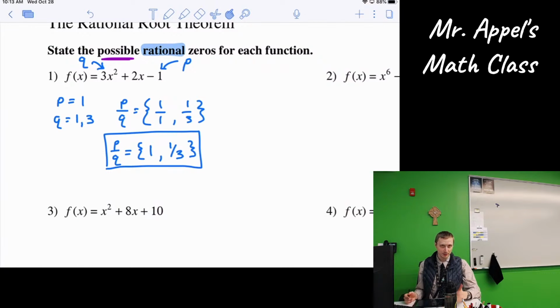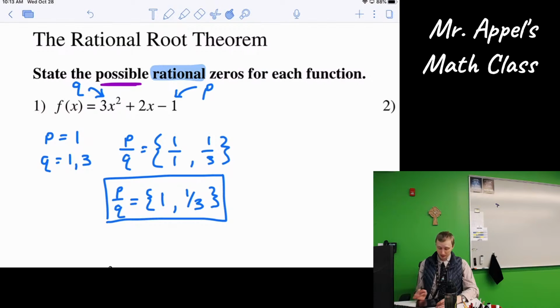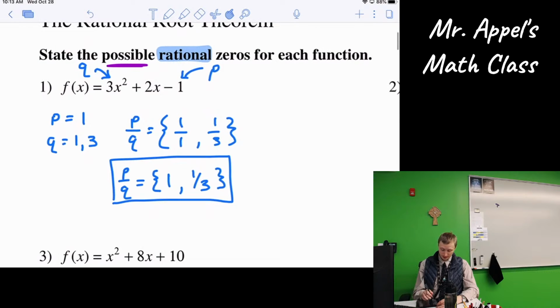If you don't have the division techniques, if you don't remember synthetic division of polynomials, we'll go over it tomorrow, you can use the remainder theorem and draw on the fact that f of a zero should give me 0. So we can test these.